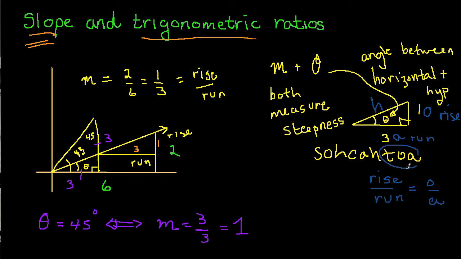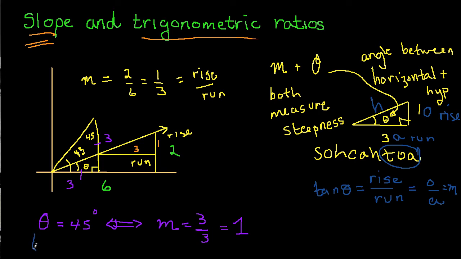And that is equal to the tangent of my angle. So it looks like the relationship between the angle and the slope is that the tan of the angle gives you the slope. So let's check that out.